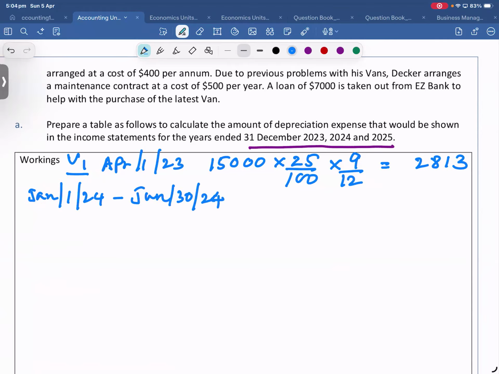How do we calculate the depreciation on the reducing balance method? Take away the accumulated depreciation. So far it is 2,813. This one times 25 over 100 times 6 over 12. Why?